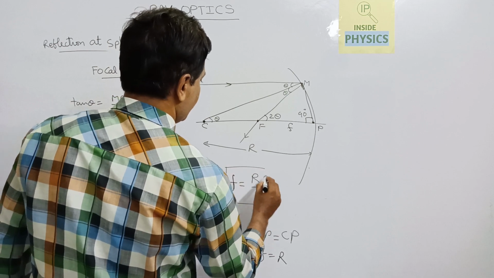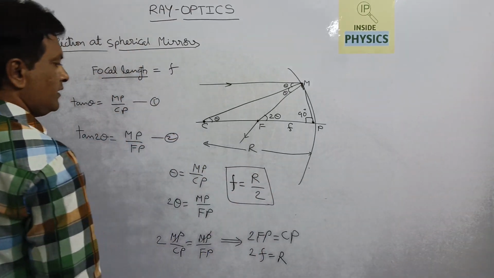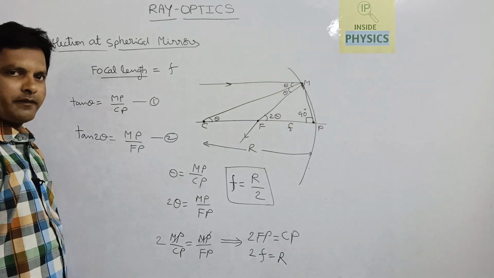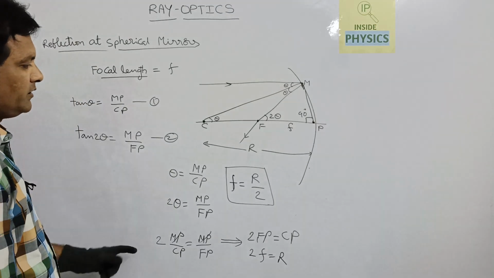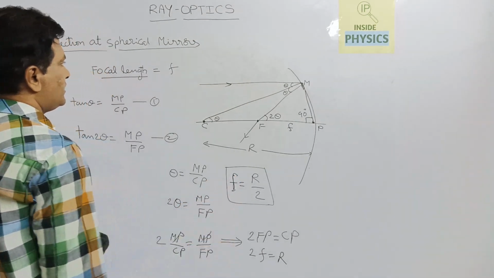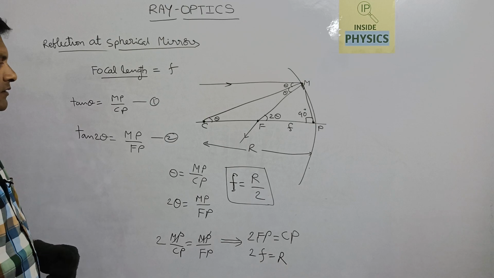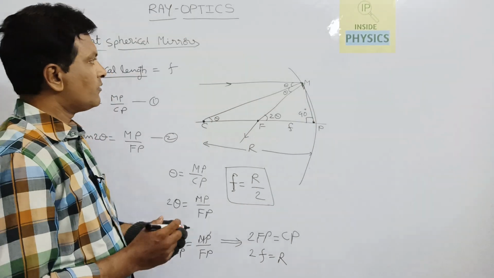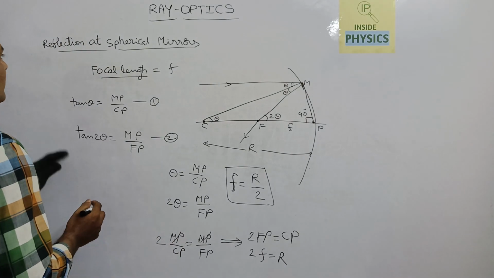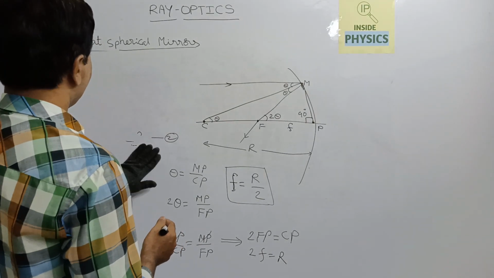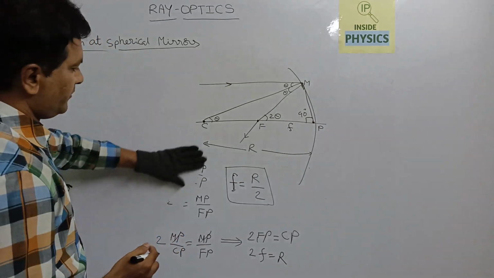The focal length of a spherical mirror is half the radius of curvature. In this way we can derive the focal length of a spherical mirror. Next, we will derive the mirror formula. What is a mirror formula?